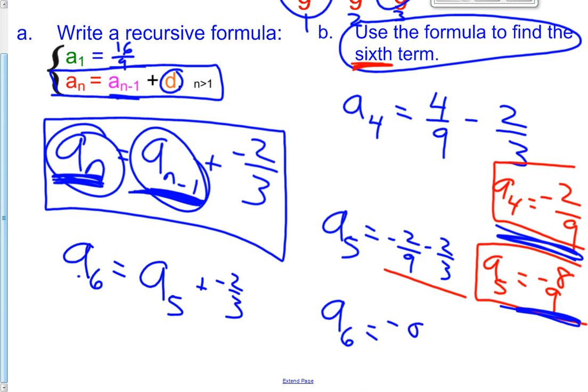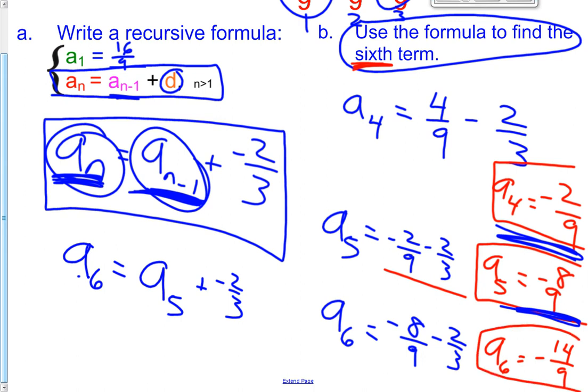So a negative 8/9 is a sub 5, and then we have to subtract 2/3, or add a negative 2/3. And there we get our answer. What's a negative 8/9 plus a negative 2/3? A sub 6 is a negative 14/9. And this is our final answer. What's the value of the sixth term? Well, the value of the sixth term is right there, a negative 14/9.